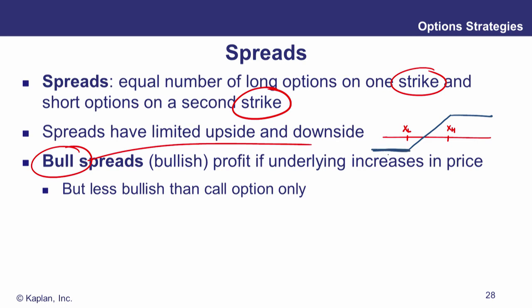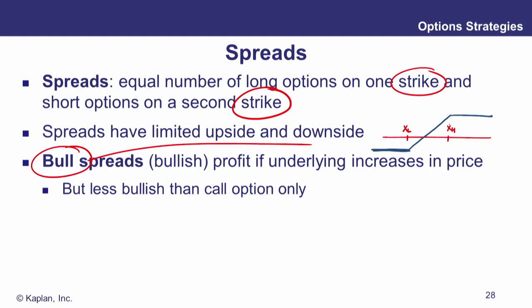So that's a bull spread. You profit if the underlying increases in price between the strikes, all right, but you don't profit if it goes above the high strike. It's less bullish than just buying call options because it's got moderate downside and moderate upside.